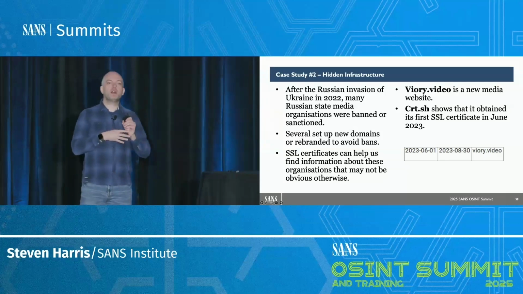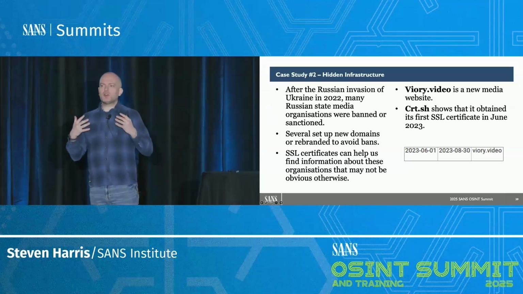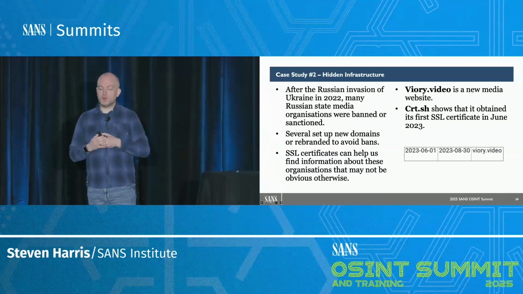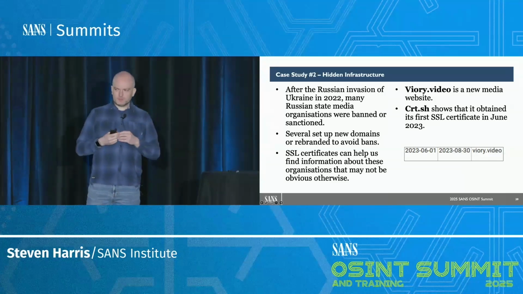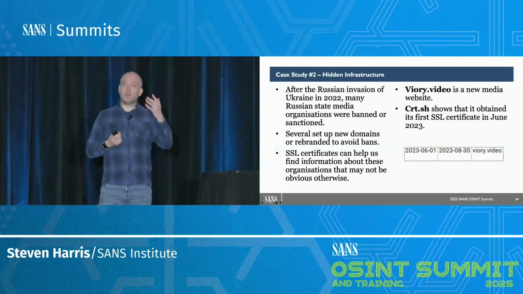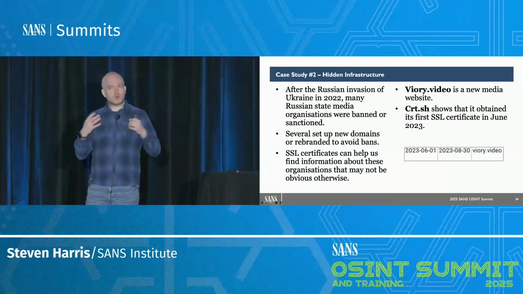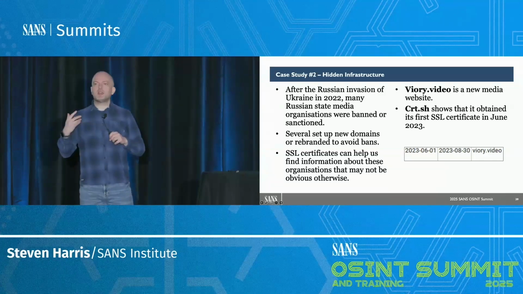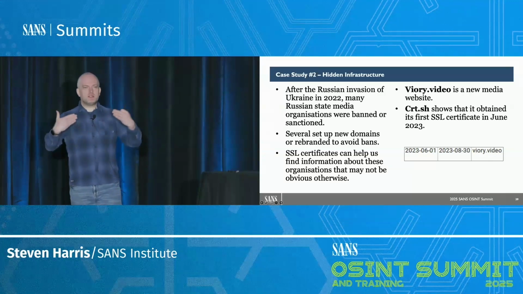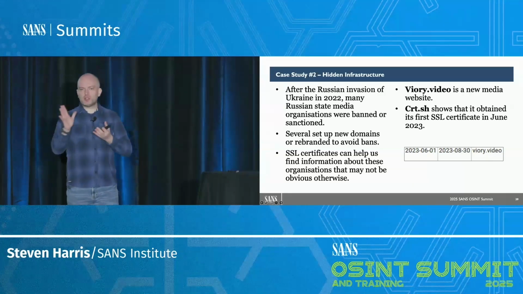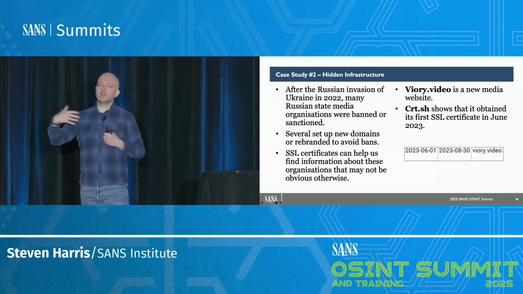So after Russia invaded Ukraine, which is 3 years ago today, as we heard this morning, a lot of Russian state media organizations were sanctioned, and they were banned from Western social media platforms. And a lot of their websites became inaccessible in other parts of the world, which was a problem for Russia, because to try and steer the world towards their point of view, they seek to dominate the information space, so push out Western media and inject their own narratives, their own claims into that space.